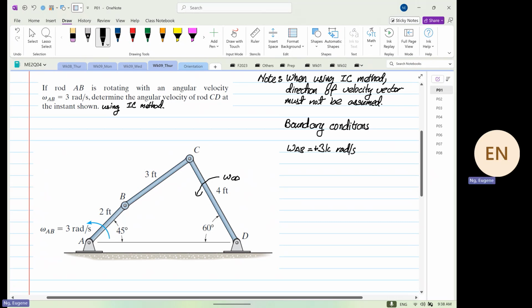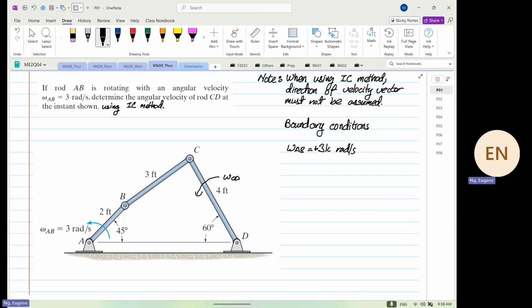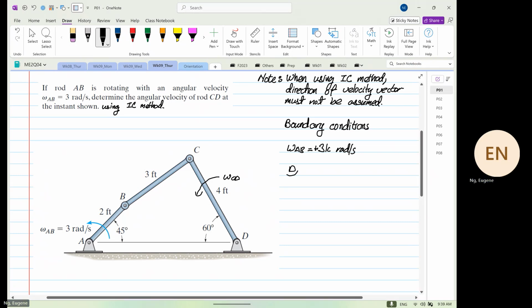And then we are also given other boundary conditions which I forgot to highlight. Okay, so the other boundary condition is at point D, right? Point D, we know it is what? It is pinned.